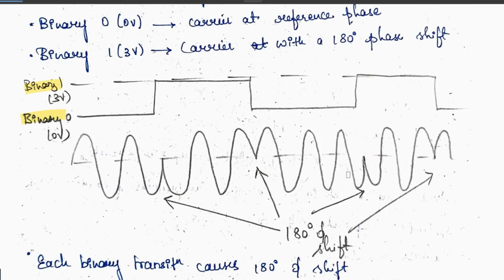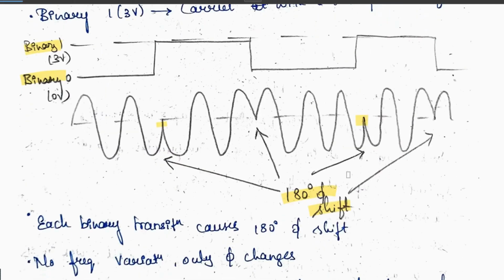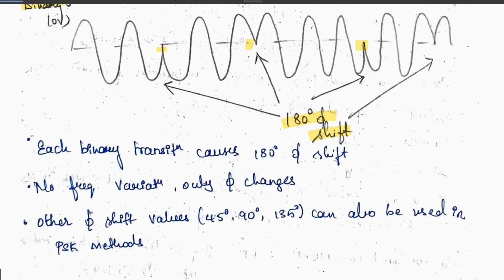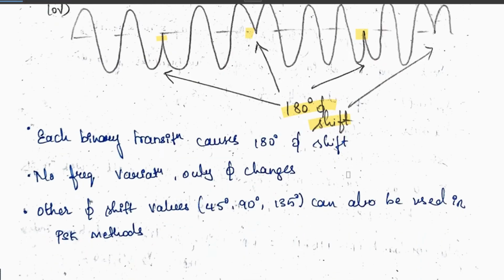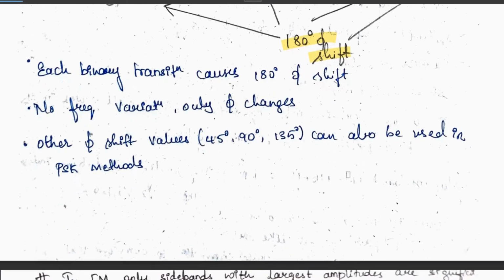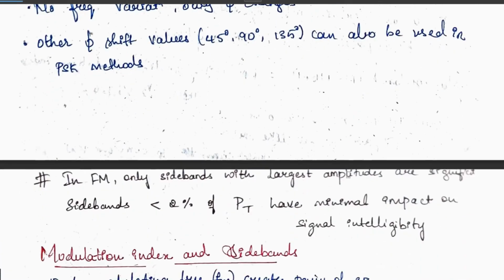When we change it to the waveform, here we can observe there is a 180-degree phase shift at these points. Each binary transition causes a 180-degree phase shift, with no frequency variation, only phase changes here. Phase values of 45, 90 or 135 degrees can also be used in PSK methods.